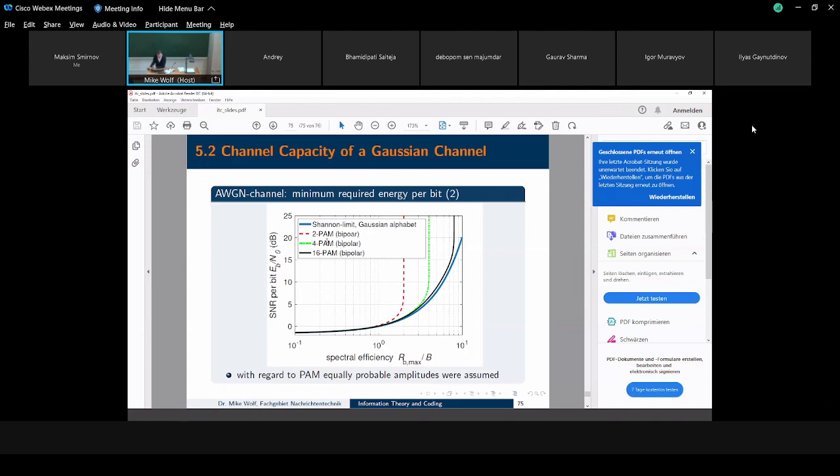If we switch to 4 amplitudes, you can never obtain a mutual information which is larger than 2 bits per symbol. And 2 bits per symbol multiplied with a rate of 2B gives 4. So the bit rate for this 4-level pulse amplitude modulation cannot be larger than 4 times B.